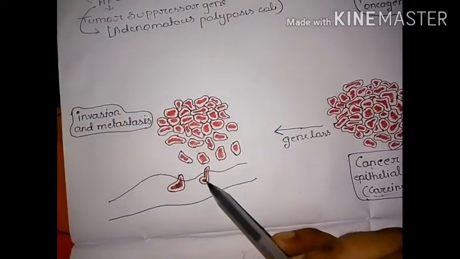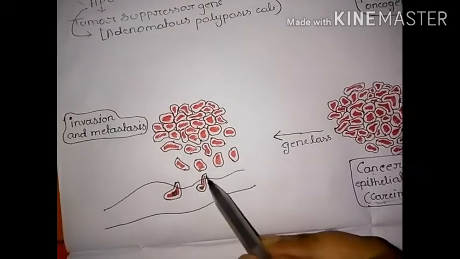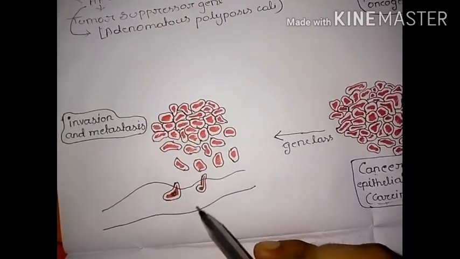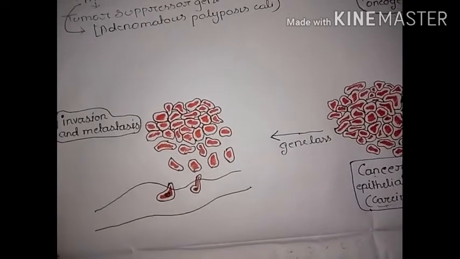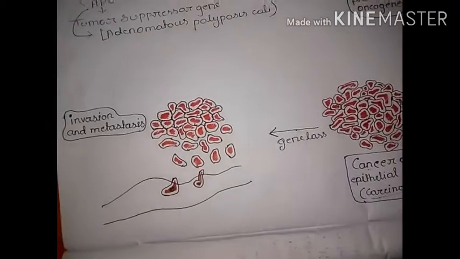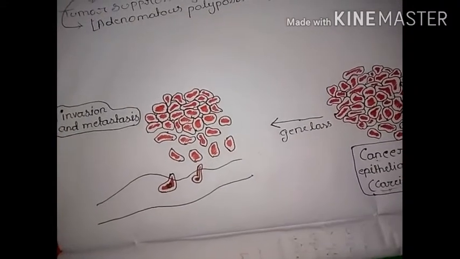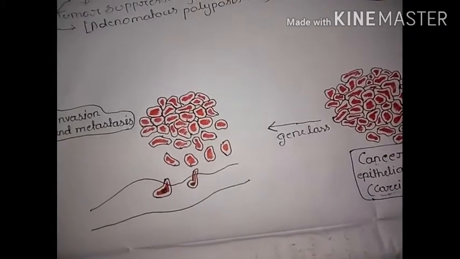They penetrate the blood vessels and enter into the blood. Not only blood, they can enter into the lymphatic vessels and ultimately affect other organs, or colonize a different site of the body, and ultimately a secondary tumor is formed.